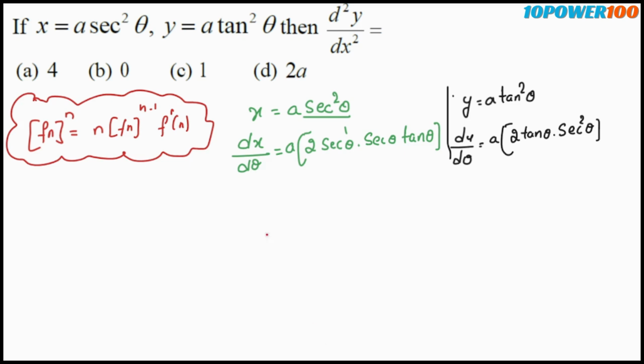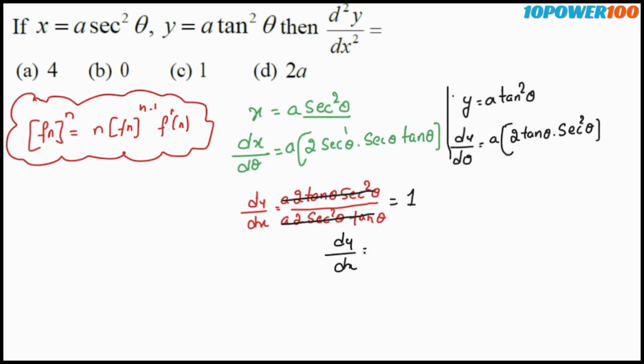Now if you find out dy by dx, it becomes 2 tan theta into secant square theta whole divided by a into 2 secant square theta into tan theta. So everything cancels out. We get dy by dx is equal to 1.